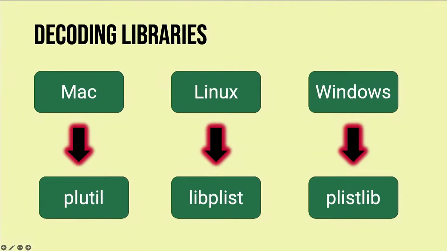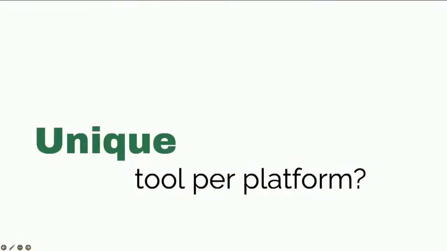You have all these different libraries that almost sound exactly the same but are completely different and force you to have to use different tools for every single respective platform that you happen to be working on. So why would you want to have a unique tool per platform? That's going to get really challenging during your reverse engineering process.